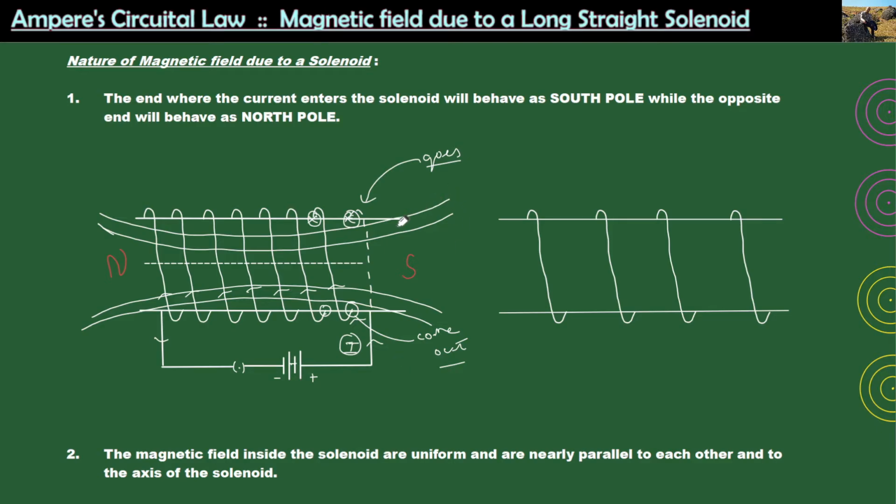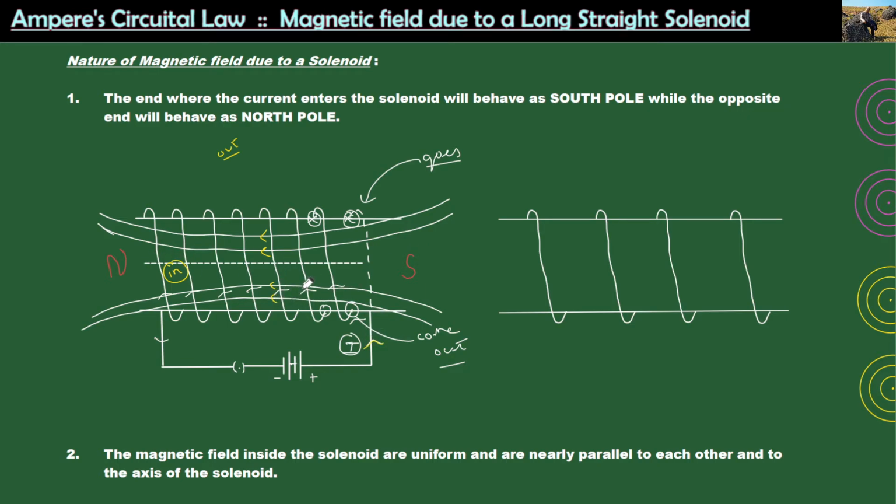In this case, all these magnetic field lines for regions inside go from the south pole to the north pole. This is inside, and this is outside the solenoid. For regions inside, the magnetic field lines start from south and go to north along the direction of flow of current.